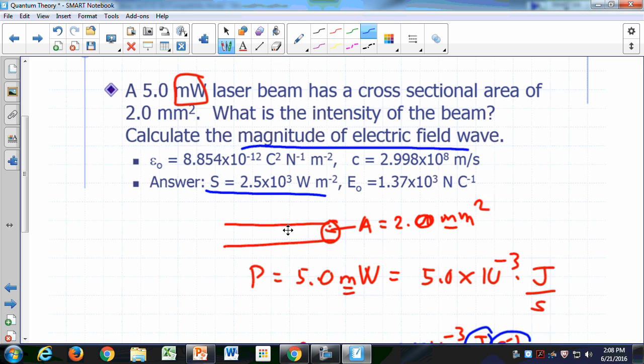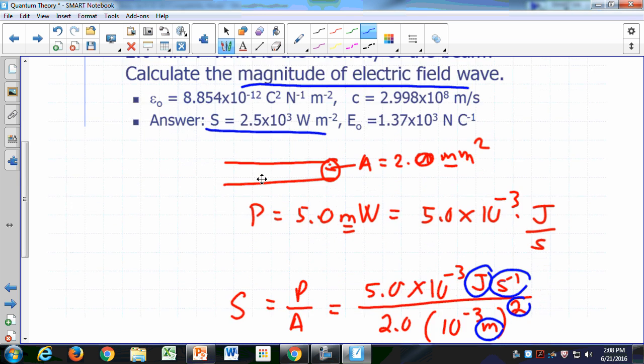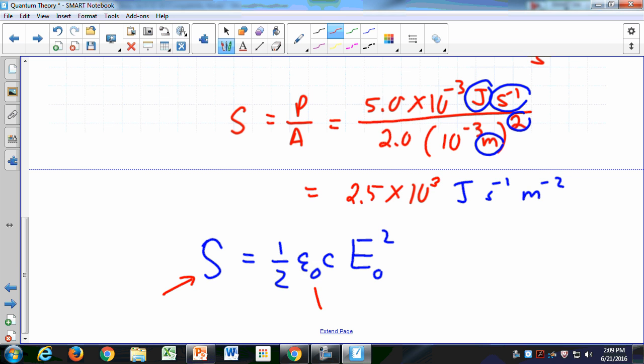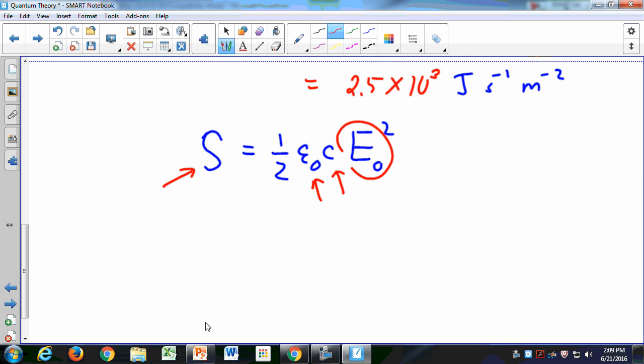Then you're going to have to relate that to the equation, which is S is equal to 1/2 epsilon naught C times E naught squared. If you know your intensity, you know epsilon naught, the permittivity of vacuum, and you know the speed of light, we can solve for the amplitude of the wave. So let's solve for that.